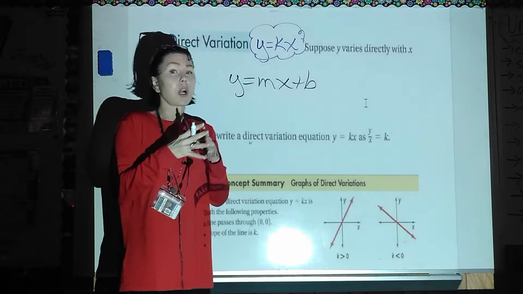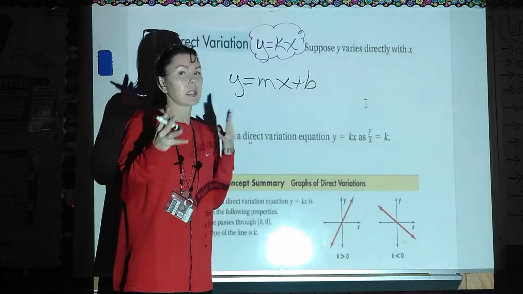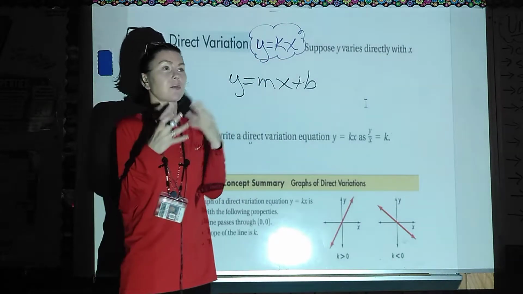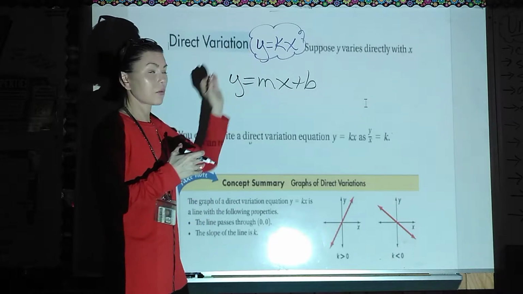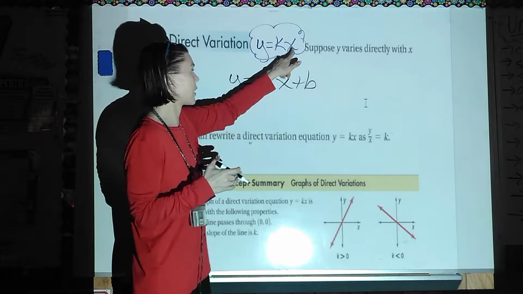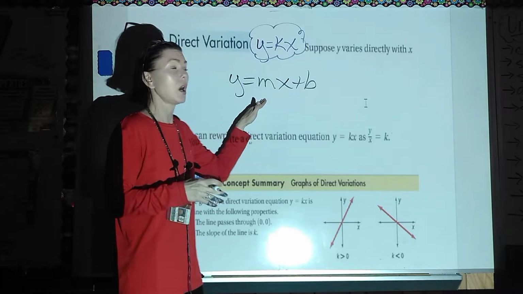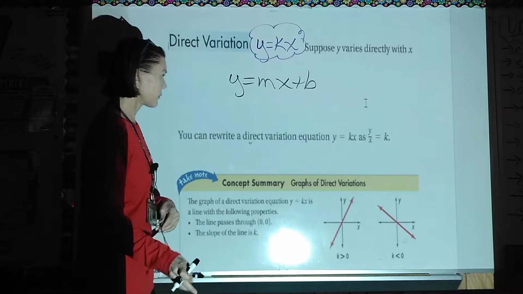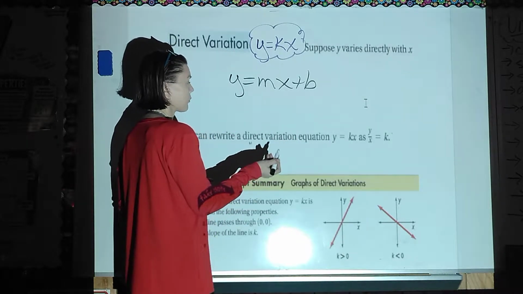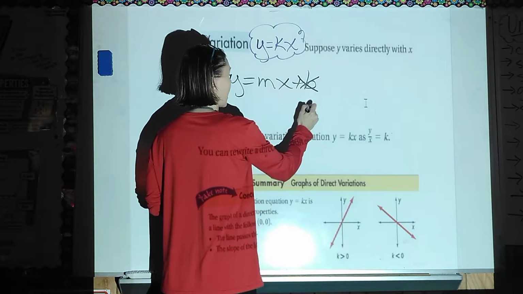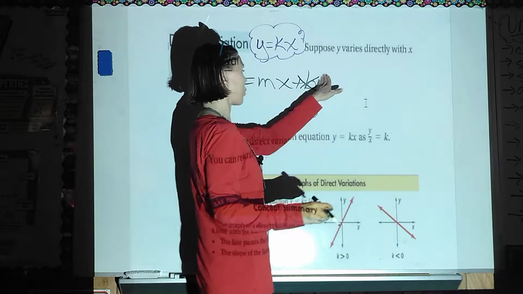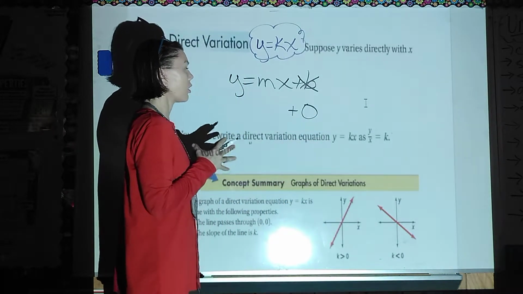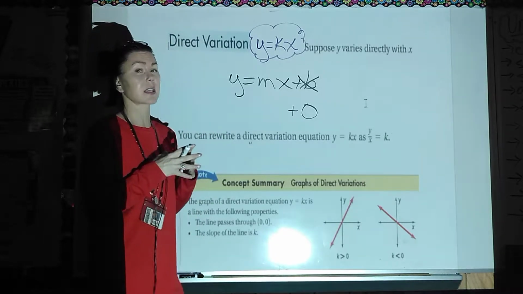And I want you to know that y equals kx, which represents a direct variation where y varies directly with x, is very similar to our slope-intercept form in that instead of our b, our y-intercept is always going to be 0, where the line always crosses over the y-axis at 0.